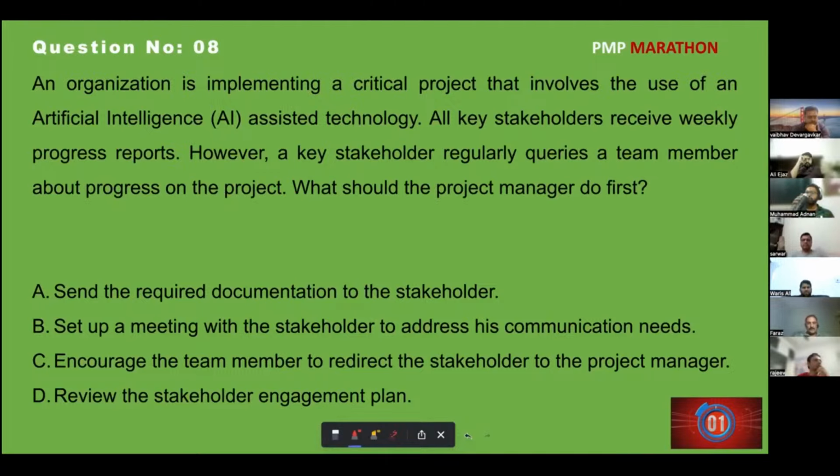B, set up a meeting with the stakeholder to address his communication needs; this can be the answer. C, encourage the team member to redirect the stakeholder to the project manager; this also can be the answer. D, review the stakeholder engagement plan.